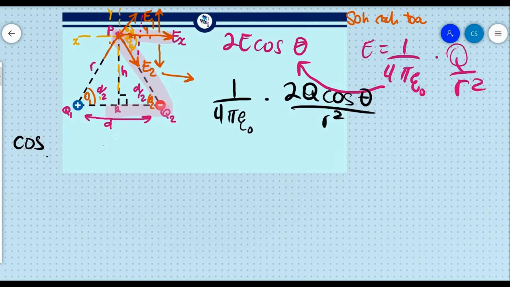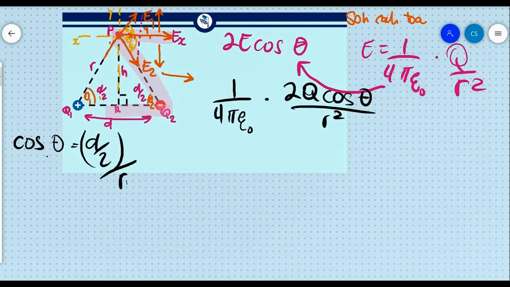Seeing that theta is right here, that would mean that the adjacent side would be right here, which is d over 2. So cosine theta is equal to d over 2, which is the adjacent side, over the hypotenuse, which is this here, which is equal to r.